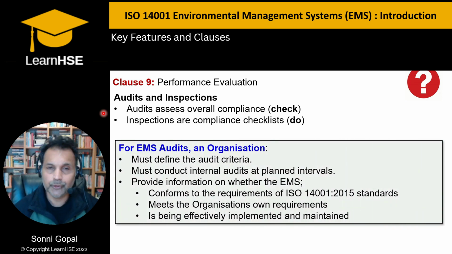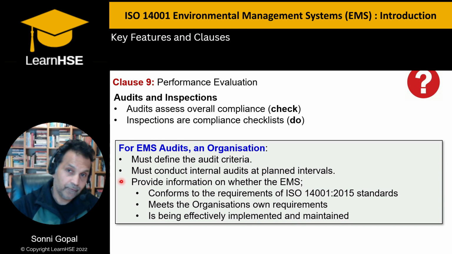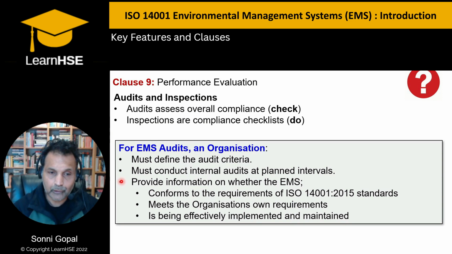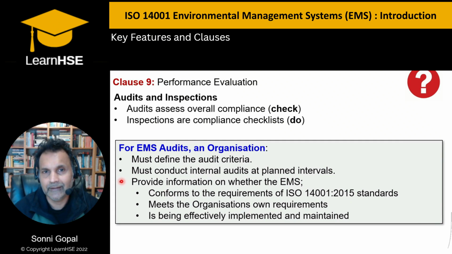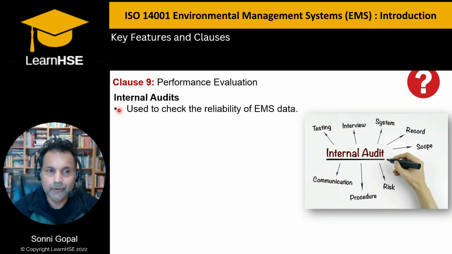Now, for EMS audits, an organization must define their criteria. They must conduct internal audits at planned intervals and provide information on whether the EMS conforms to the requirements of the clauses in the standard, also meets the organization's own requirements, and is being effectively implemented and maintained. Internal audits are used to check the reliability of the EMS data.